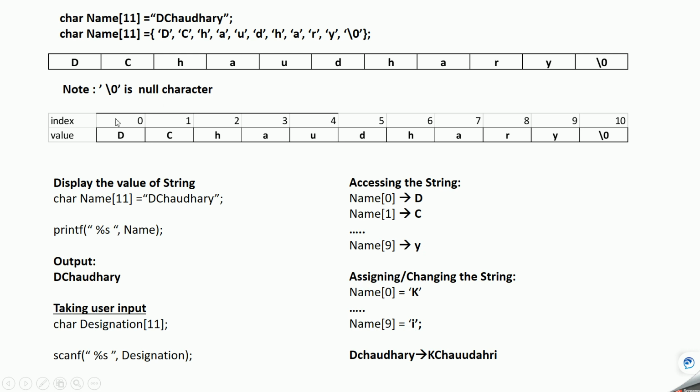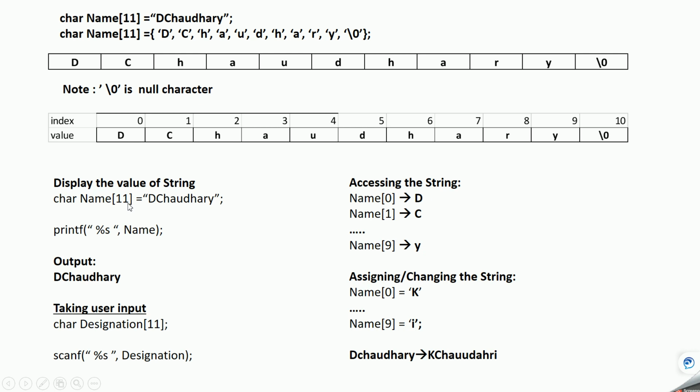Also you can think of this string as an array, and as you know, an array starts from index 0. So the first character will be at index 0, the second character at index 1, the third character at index 2, and so on, and this null character will be at the last index, the 10th index.